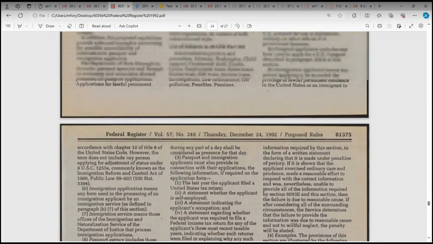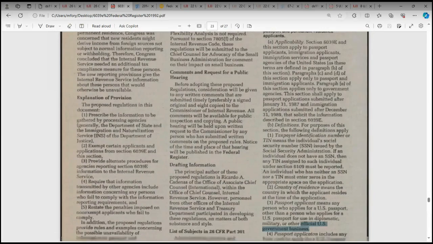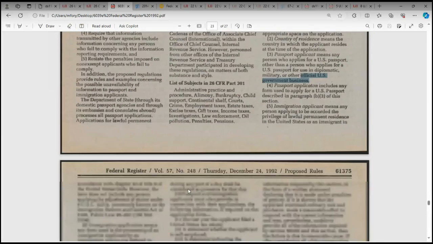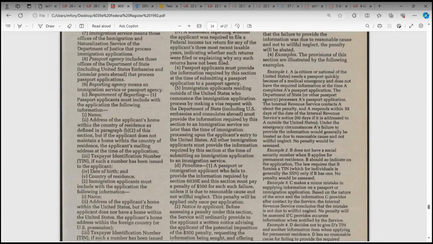Where's B2 at? So B2 is this, country of residence. And then they ask you for requirement of reporting. Passport applicants must include in the application the following, and this is the same thing that's in the code. Name, address of applicant within the country of residence as defined in B2, which they didn't define.